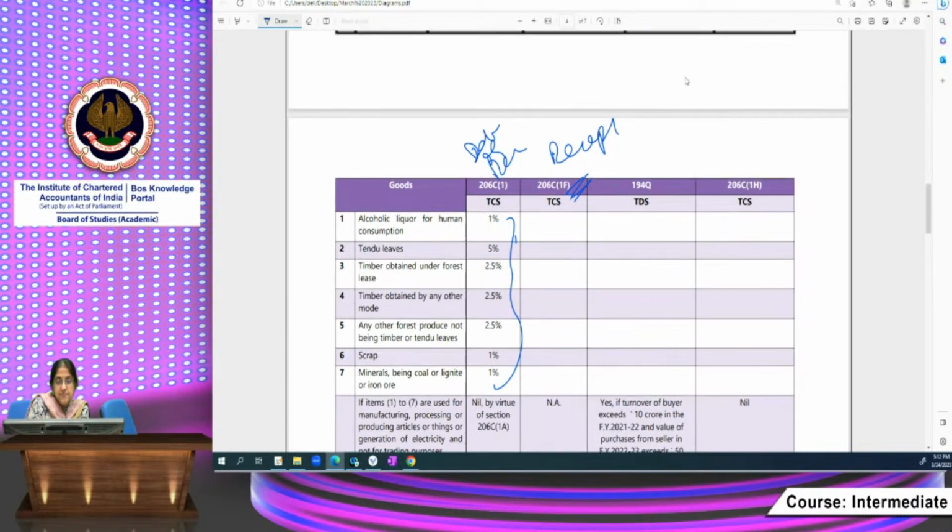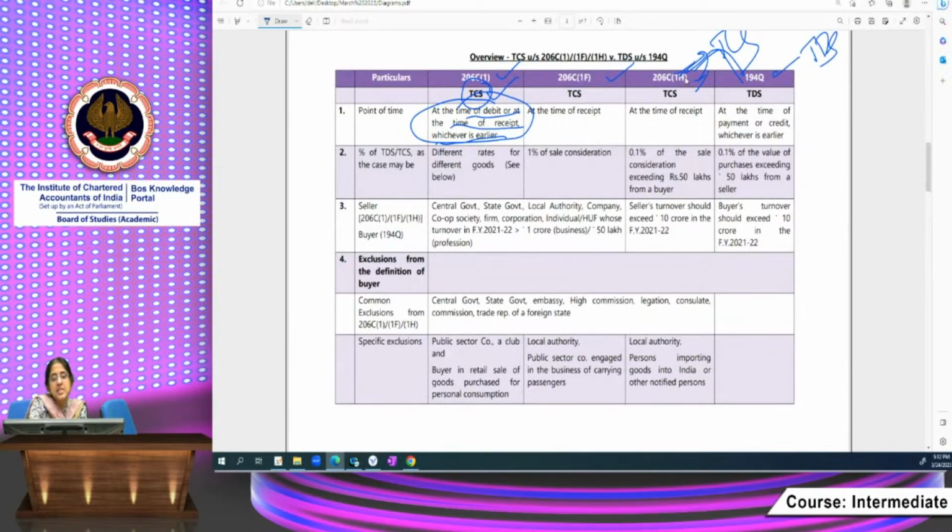Then the next section is 206C(1H). That is the other goods and services, again at the time of receipt. It's 0.1% of the sale consideration exceeding 50 lakhs from a single buyer. Then TCS under 206C(1H) is attracted, and the seller's turnover should exceed 10 crore in the immediately preceding financial year.